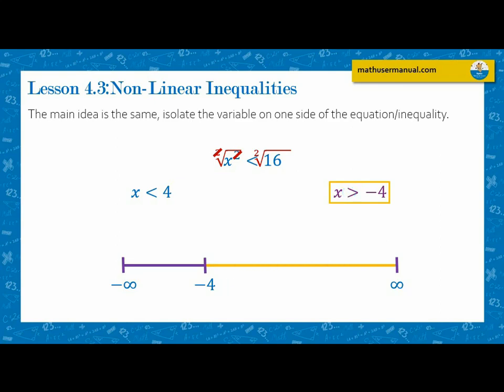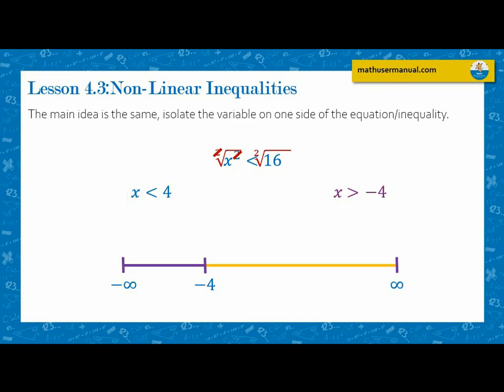Possible solutions are -2, 0, 36, 6,784. What about -4 itself? It is not included because x is greater than -4. It does not include the little line on the bottom of the equal sign. So we take away the -4.